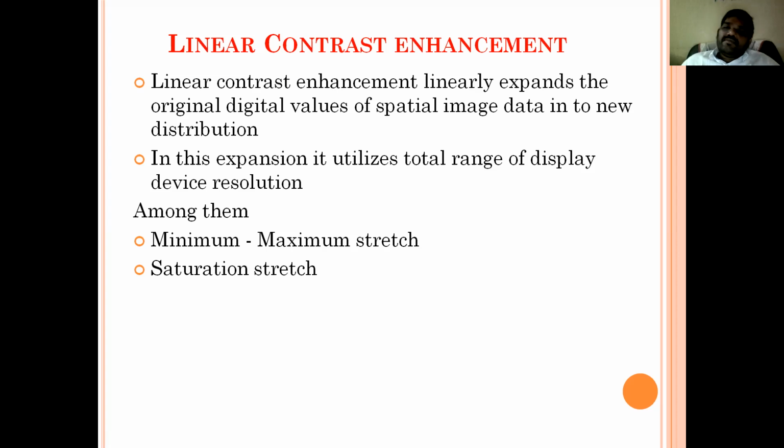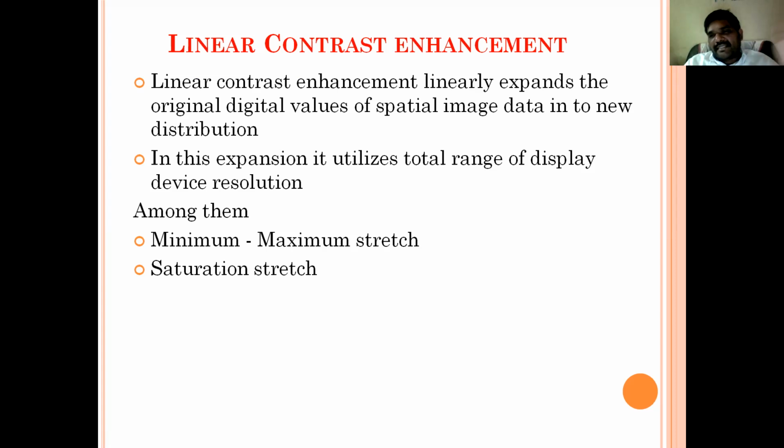Here also, while the histogram is expanding, it utilizes the total range of display device resolution. Expanding the histogram means changing the digital numbers. What is a histogram? A graphical representation of digital numbers or brightness values. Once the histogram is altered, how can we alter it?